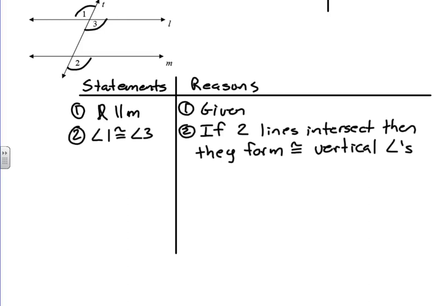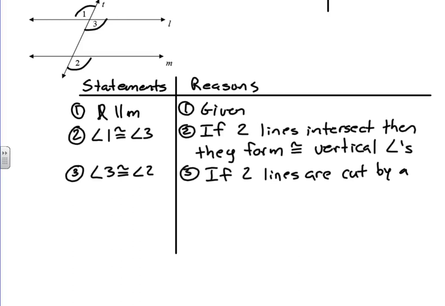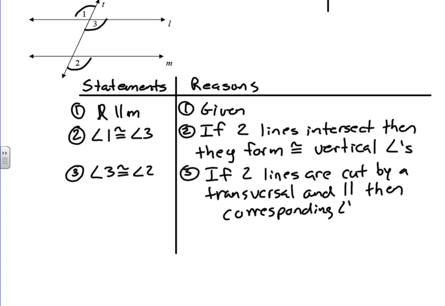All right, so we've got those, and then we would say angle 3 is congruent to angle 2, and that is if two lines are cut by a transversal and parallel, then corresponding angles are congruent.